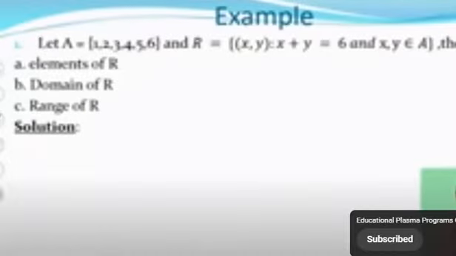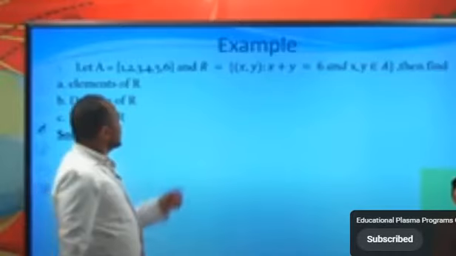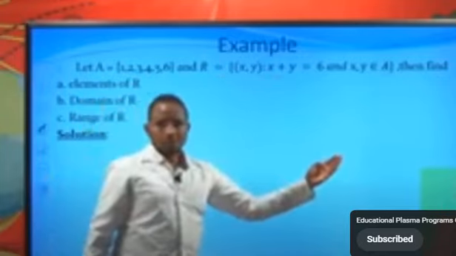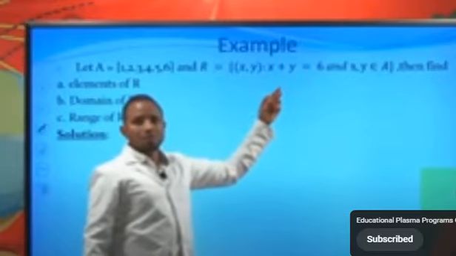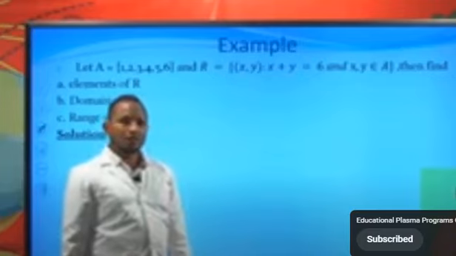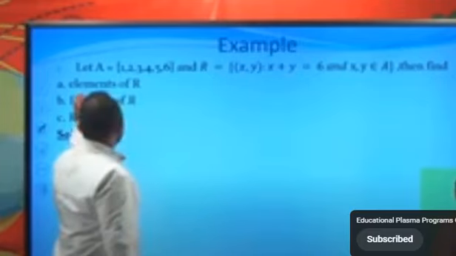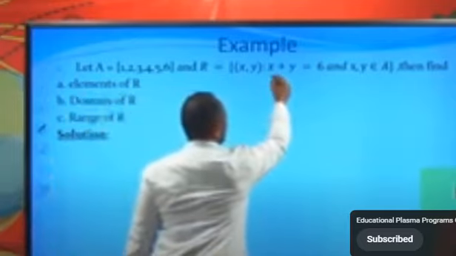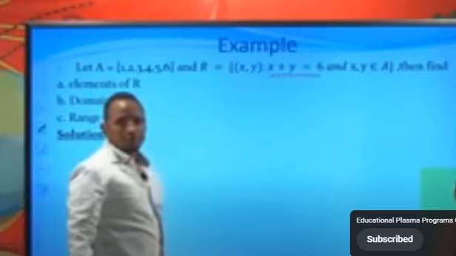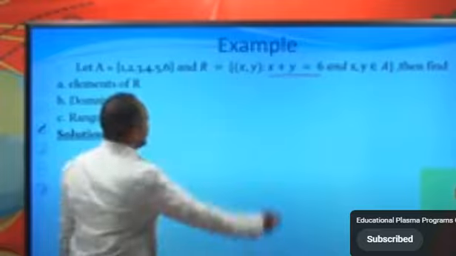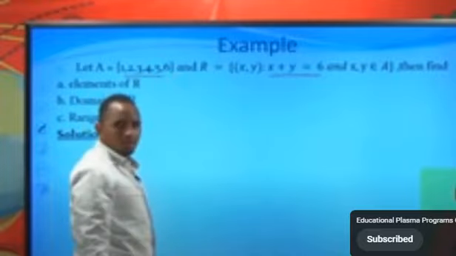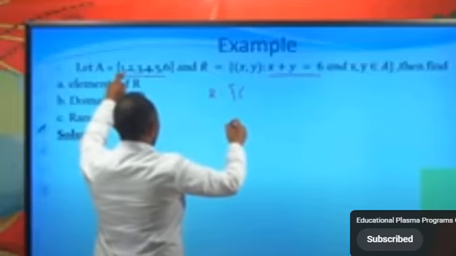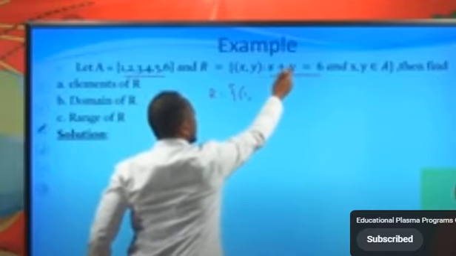So now let's see an example. Let A be {1, 2, 3, 4, 5}, and R be a relation of (x, y) such that x plus y is 6, and x and y are taken from A. Then find the elements of R. The relation is defined by the formula x plus y equals 6, and x and y must be taken from the set A. To list some of the elements of R, if you put 1 here, y must be 5.